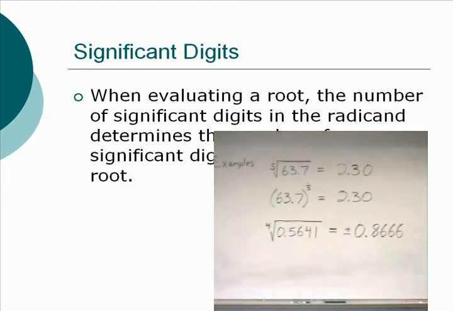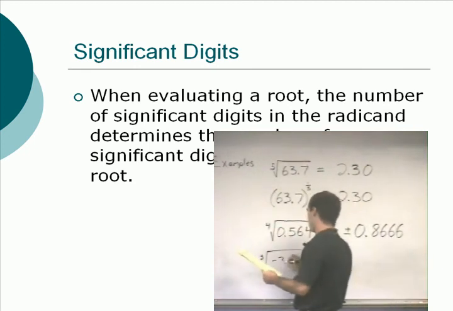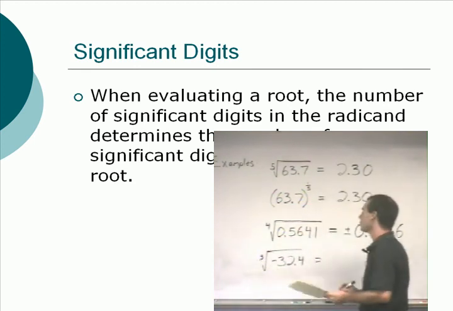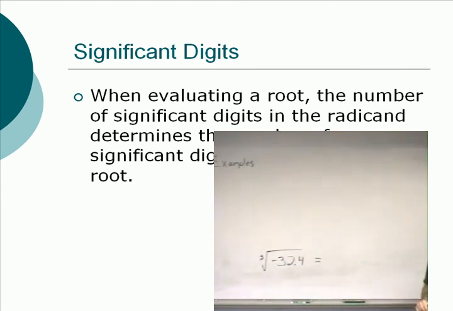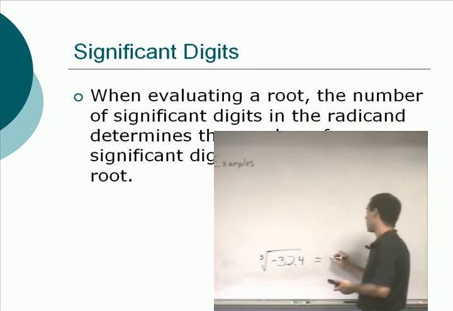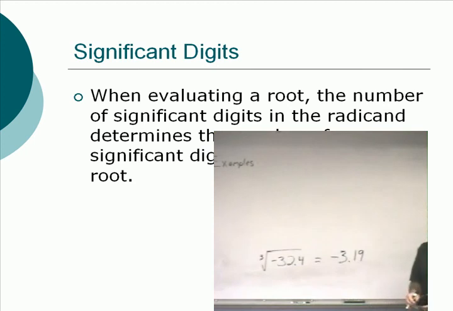Okay, last one. Got this one done. We're going to call it a day. I'd like you to evaluate the cube root of negative 32.4. The cube root of negative 32.4 will have 3 significant digits. What did you come up with? Negative 3.19. Now, how could you check that? You're skeptical.